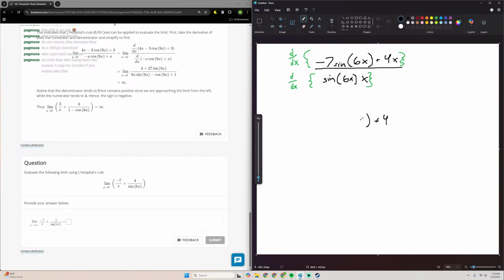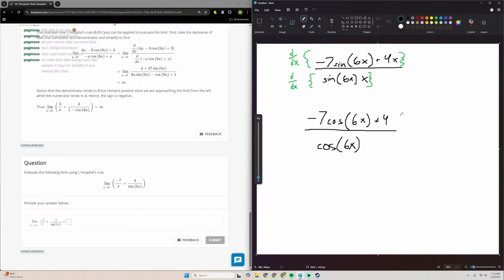6x. Negative sine just becomes negative cosine, times 6, 7. This just becomes cosine x. That's it. You want me to plug in 0?